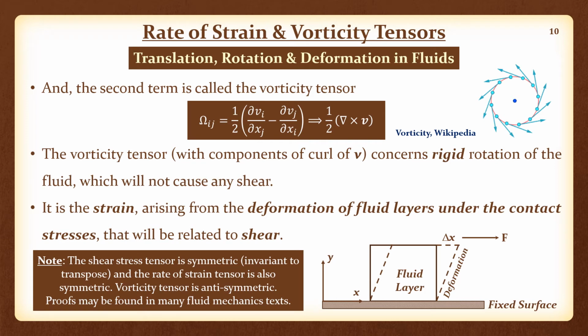If a 3x3 matrix is symmetric, this means its transpose is the same as the matrix itself. That means there is no variation because I have taken a transpose. What does it imply? Tau xy is the same as tau yx.